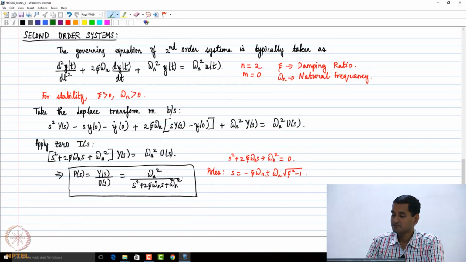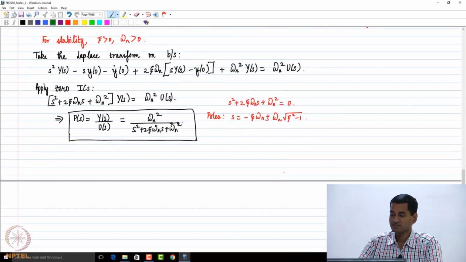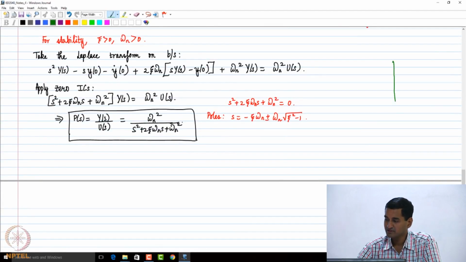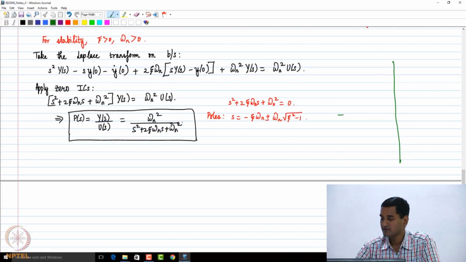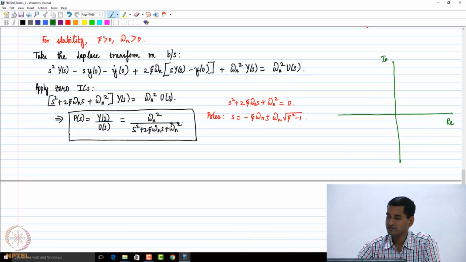And we observe that the poles are going to be at minus zeta omega n plus or minus omega n times square root of zeta squared minus 1. So if we plot these poles, what's going to happen is the following. I have the real and the imaginary axis in the s plane.